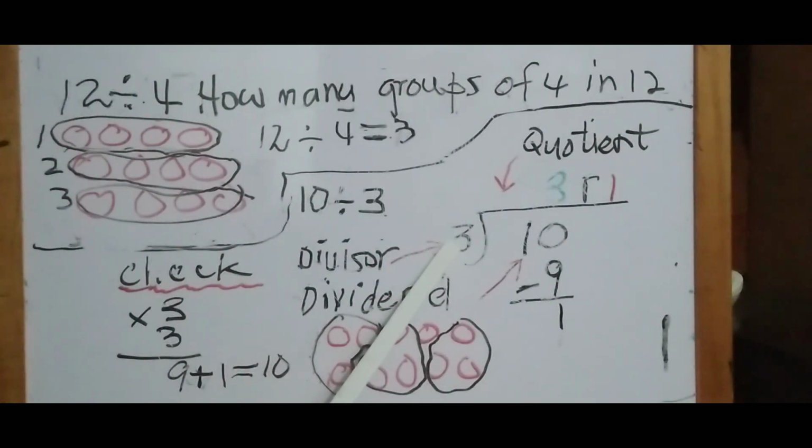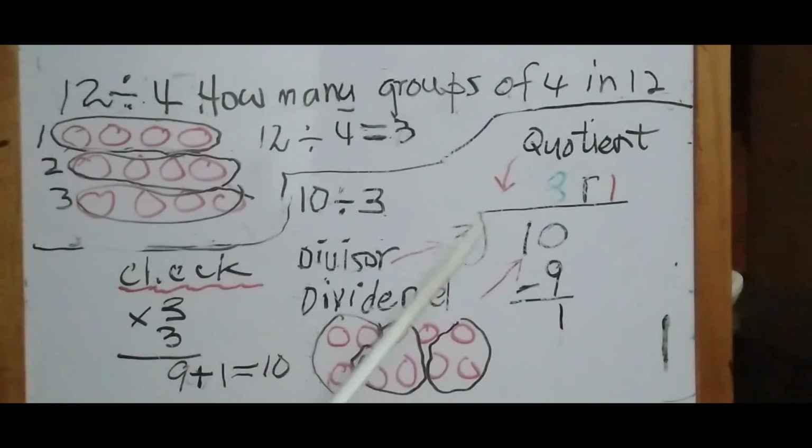Now let's look at it. 3 into 10 goes 3 times. That's why we have the 3 there. The next step is to multiply the divisor by the quotient. So we said 3 times 3 equals 9. The next step is to subtract. So those are the steps when you are dividing. First, you divide the divisor into the dividend, and you get the quotient.